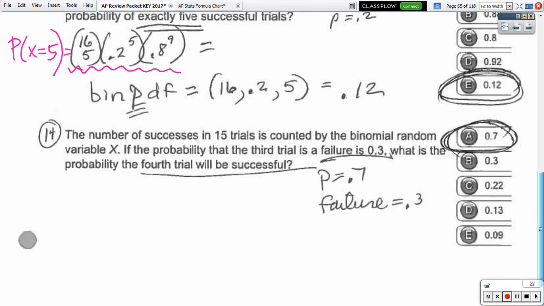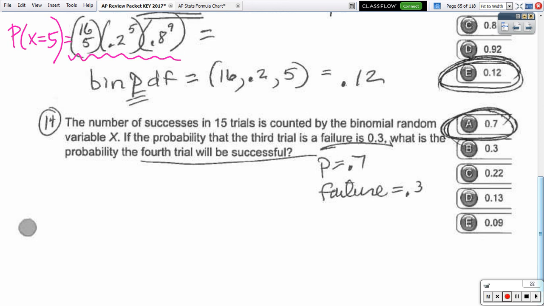And your answer is 0.12. Okay, number 14. Straight up just, again, asks you only about the 4th trial. It doesn't ask for you to know anything else, just the occurrence of a success on the 4th trial if failure is 0.3. If failure is 0.3, then success is 0.7.